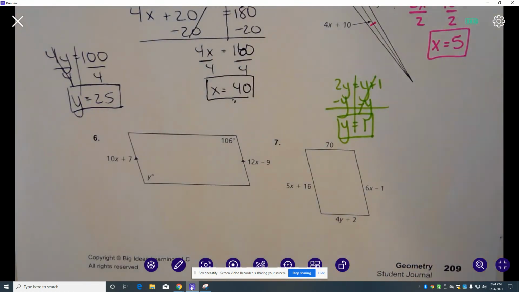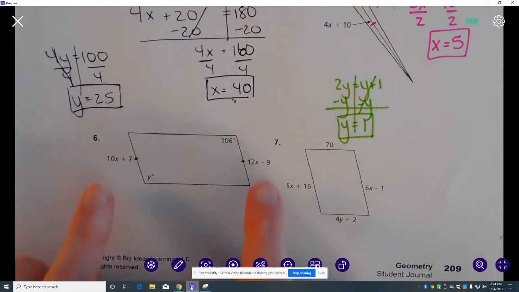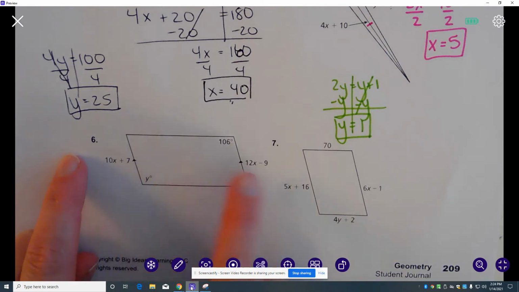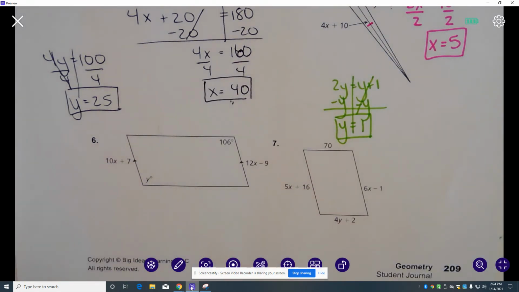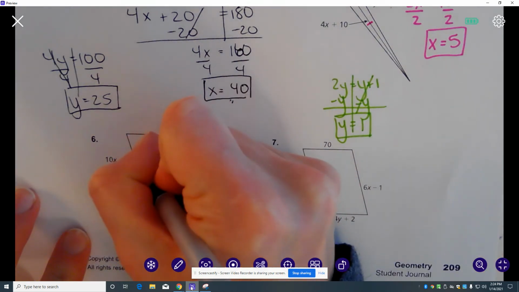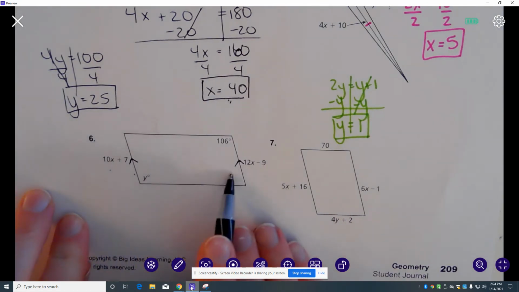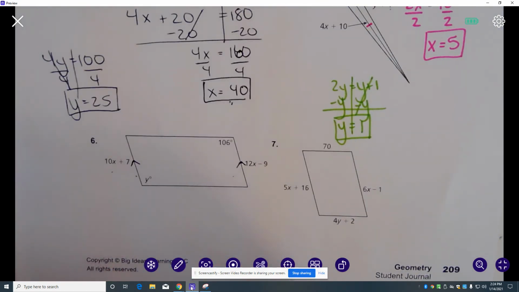And number 6, to find x and y, x is on some side lengths. So first I should figure out how these two side lengths compare, or what's the relationship between them. I can tell that these two opposite sides are parallel. And so if this is a parallelogram, one thing I also know about these two opposite sides is that they have to be congruent.